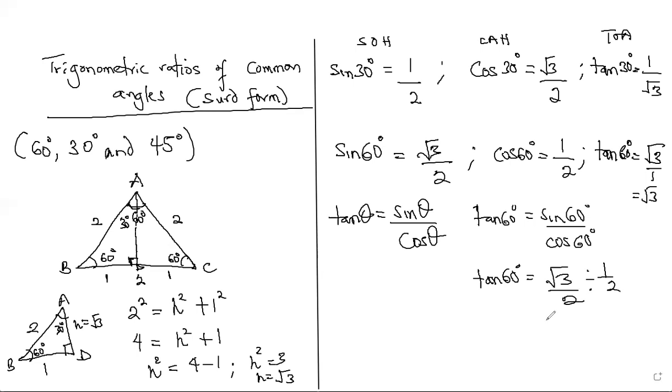We change the division sign to multiplication: root 3 over 2 times 2 over 1. That cancels, and that gives you root 3. So that's for 60 and 30 degrees. Anytime you have to leave your answer in short form, if you remember this triangle, you can easily derive the sine and cosine of angles 30 and 60 degrees.